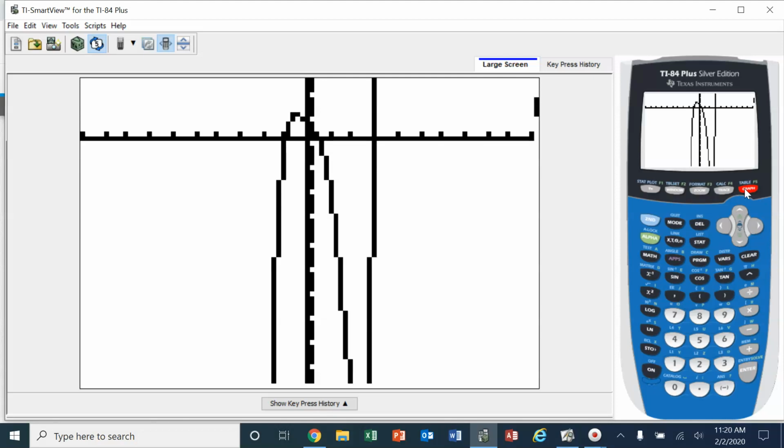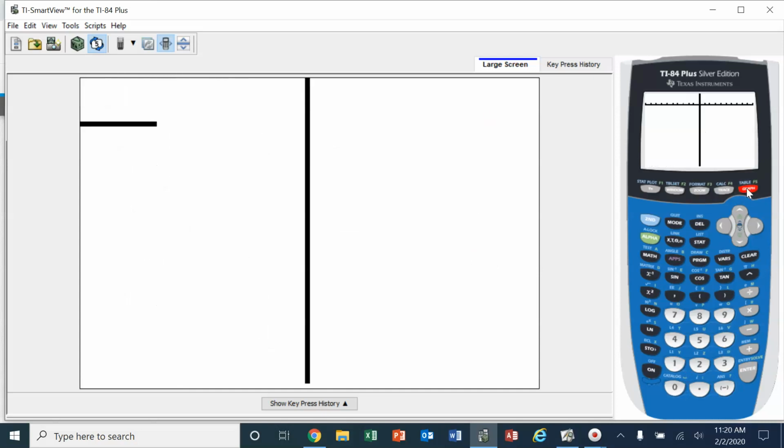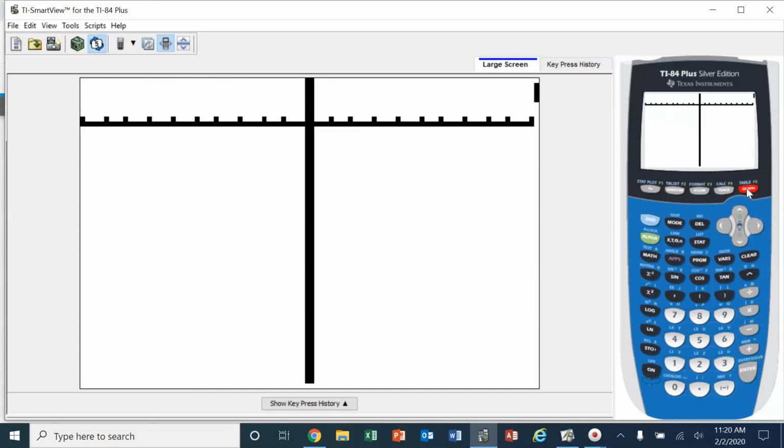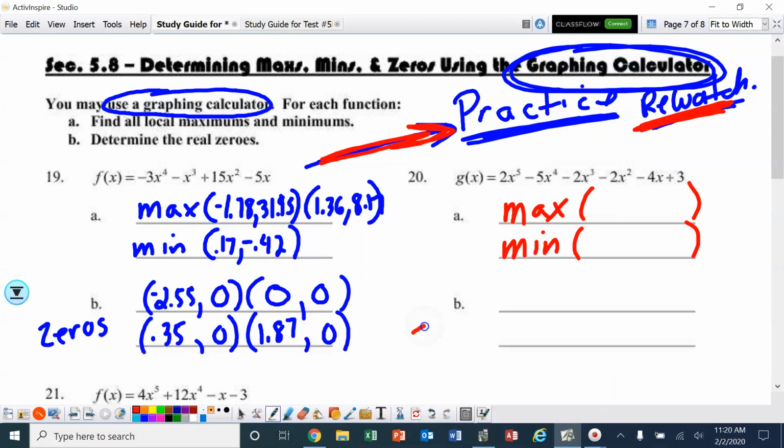Oh, wow, -40 wasn't even enough. Let's go to -60. I'm just changing my Y minimum so I can see the bottom of that graph. There we go. So, folks, we have one maximum, one minimum, and it looks like we have 3 zeros.